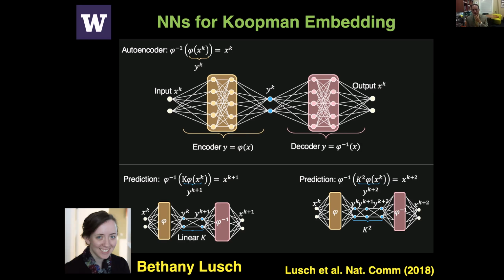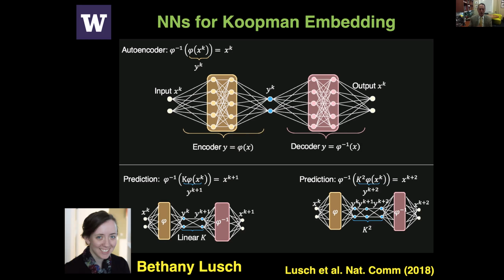All this encoder does is learn some nonlinear map from your original parameter space where you collected the data to this new parameter space, which you're going to learn through training. And the question is, what do you want to have happen inside of this coordinate system?